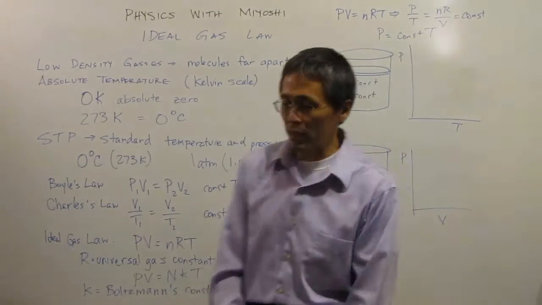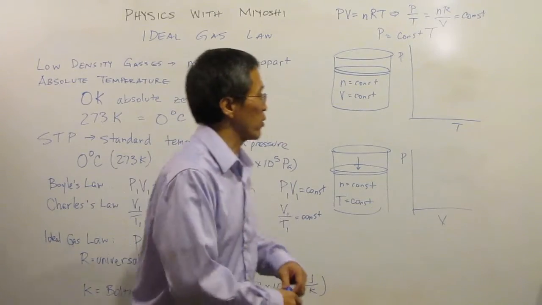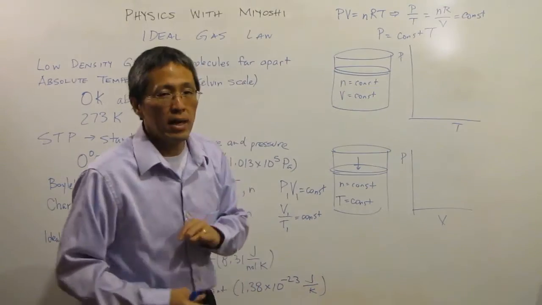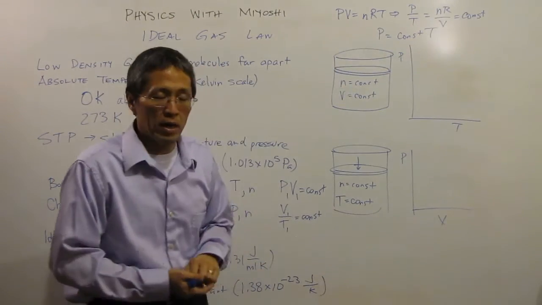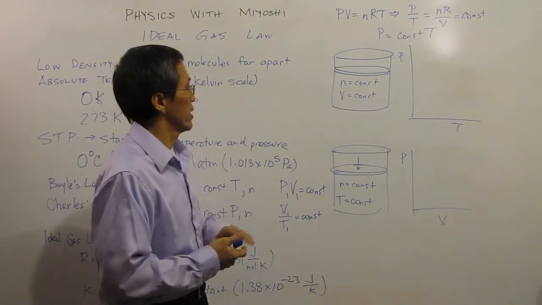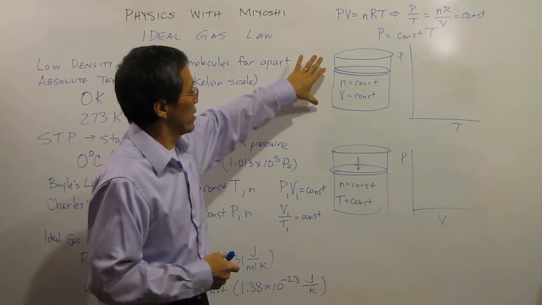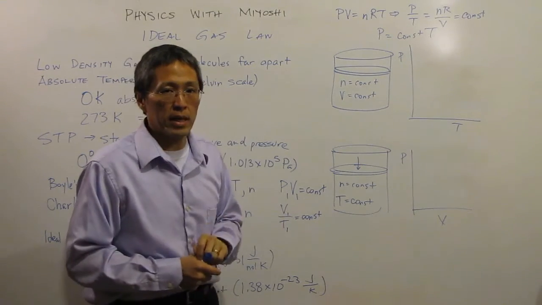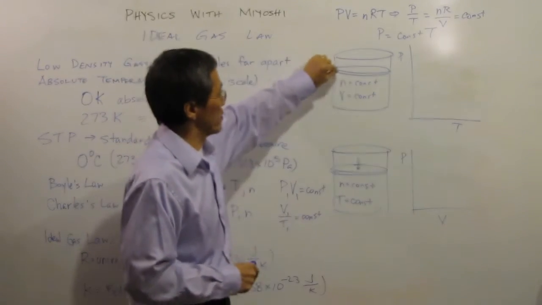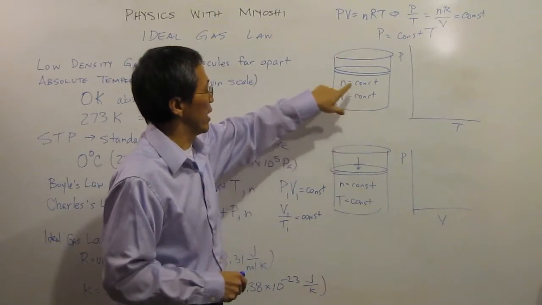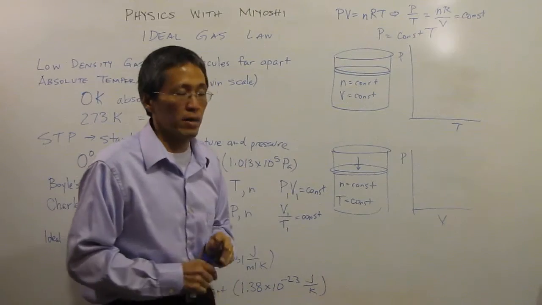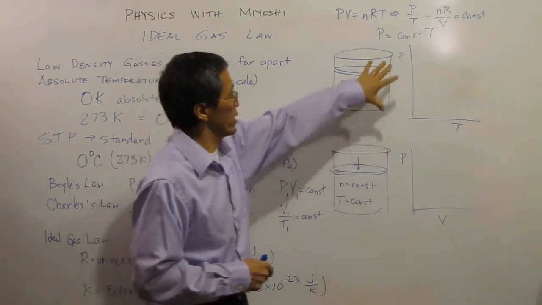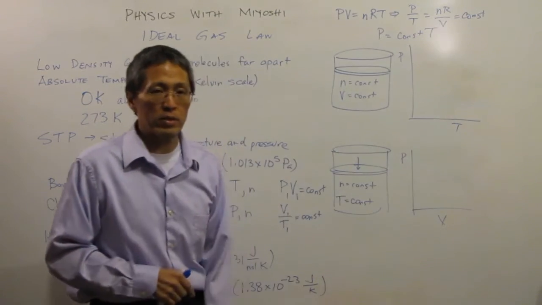Well, how do we use all this? What does it matter? There are lots of reasons, but say we have a volume of gas over here, and I make sure that the volume stays constant by not letting this piston go up and down, and I know the number of molecules stays constant. How do the pressure and the temperature relate to each other?